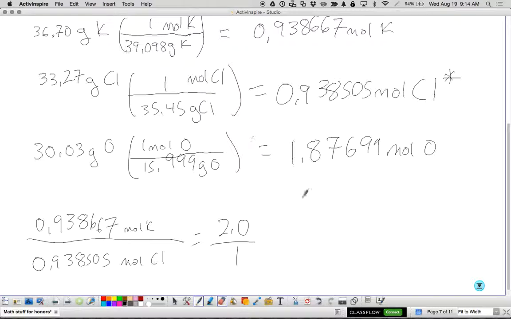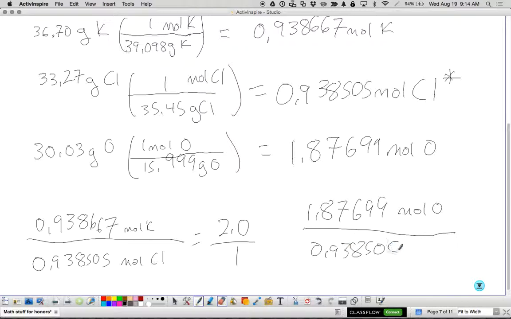And when I do 1.87699 moles oxygen over 0.938505 moles Cl, I get, oh, oops, I did this backwards in my head. That's 1.0 to 1, and this is 2.0 to 1.